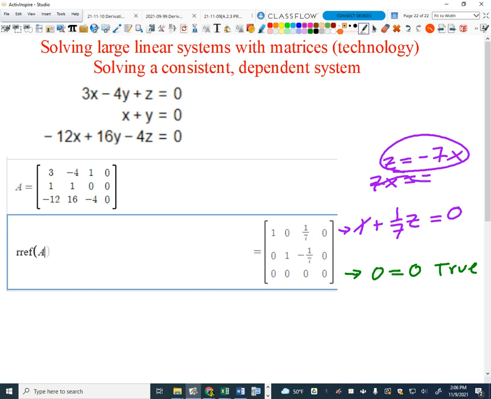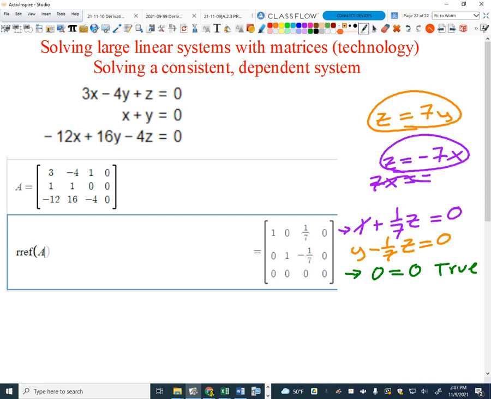How about this second row? Looks like y minus 1/7 z equals 0. So I could rewrite that as z equals 7y. Everybody see that?